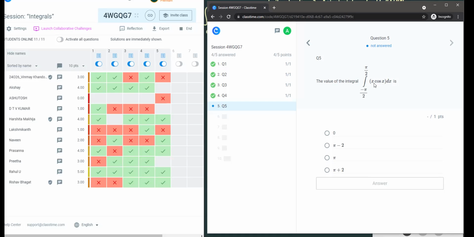So the product of an odd function and an even function is an odd function. Therefore, the integral minus a to a f of x dx will be 0. That's how we do this.